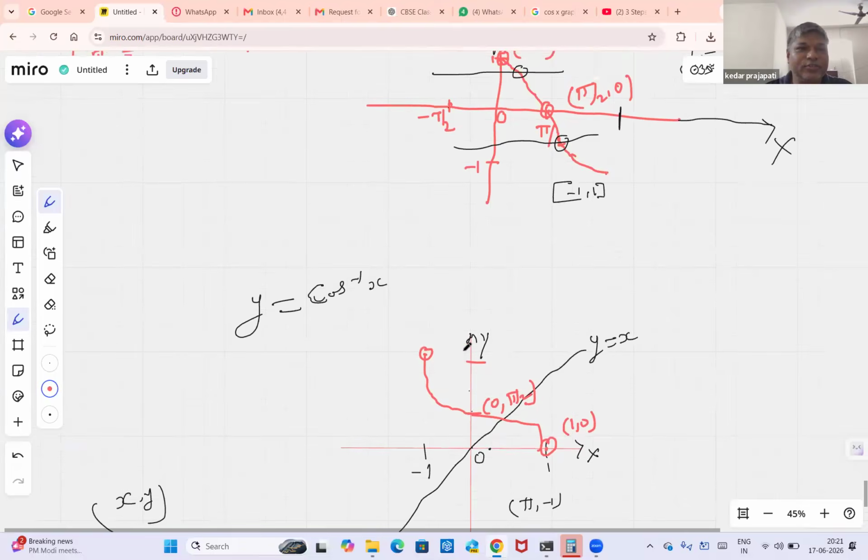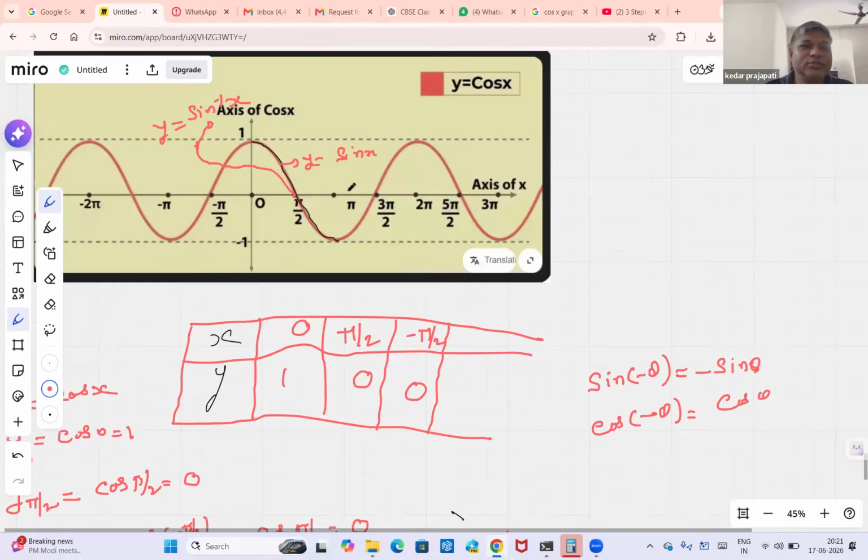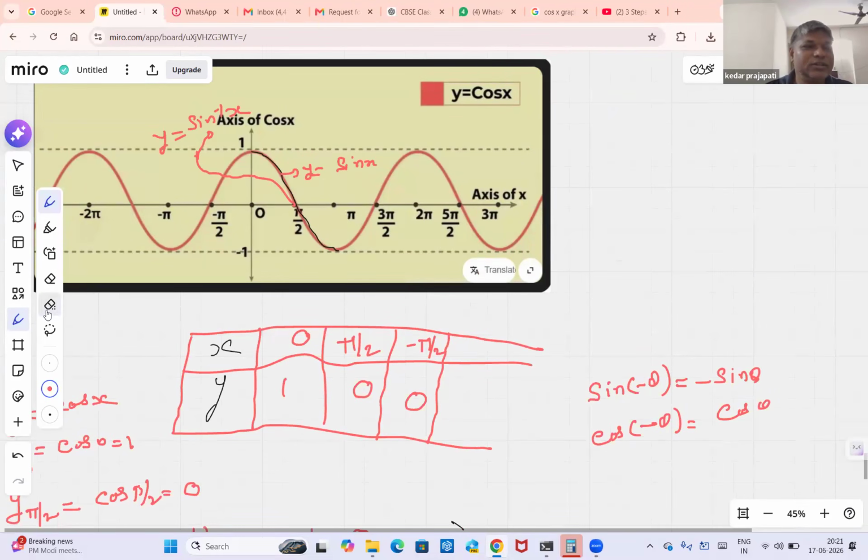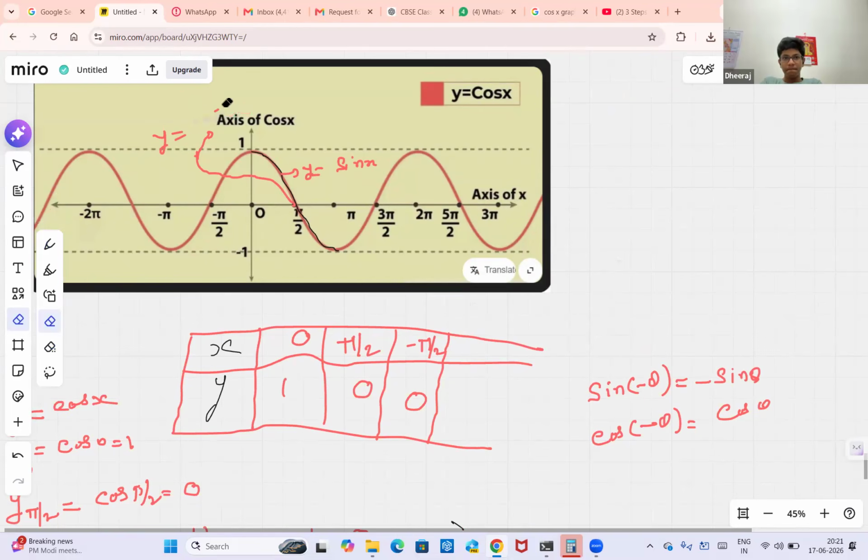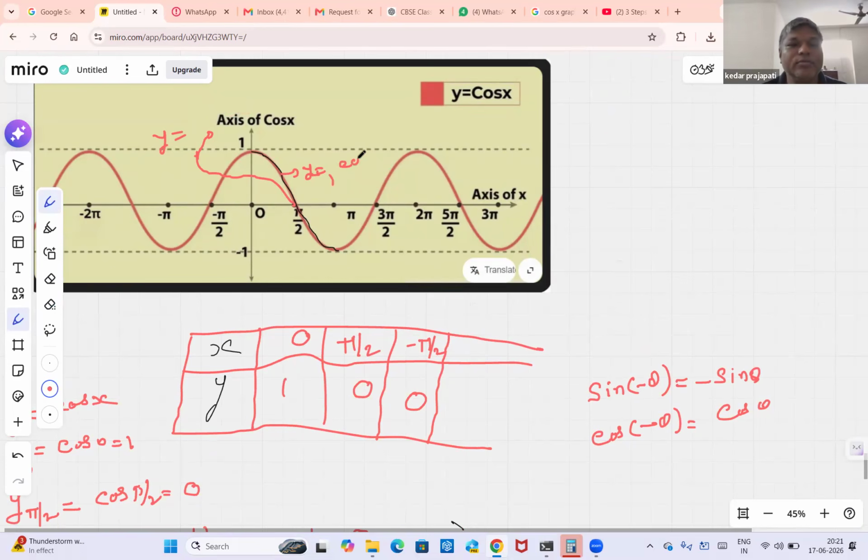Did I write sin x? No, right? Sorry, it is cos x. One minute. This is the graph of y equal to cos x, and this one is cos inverse x.